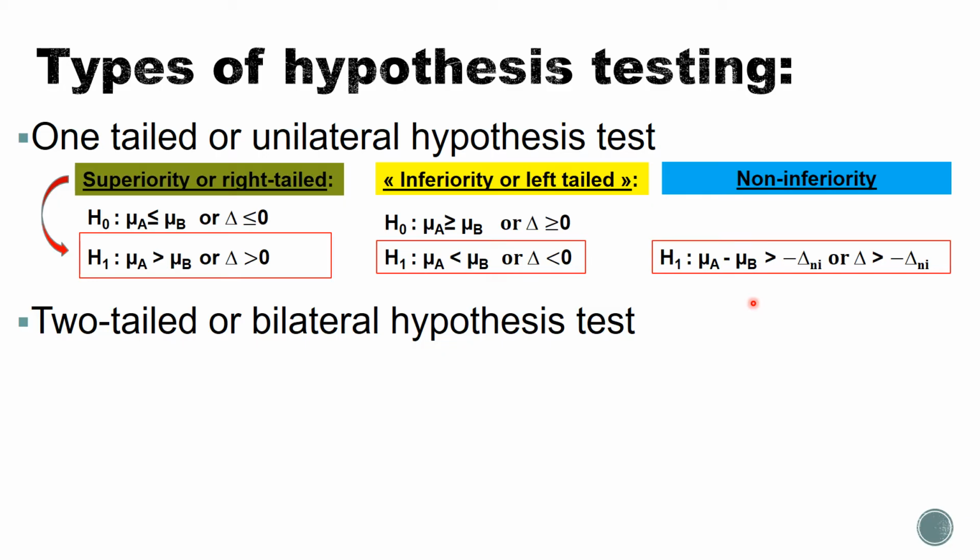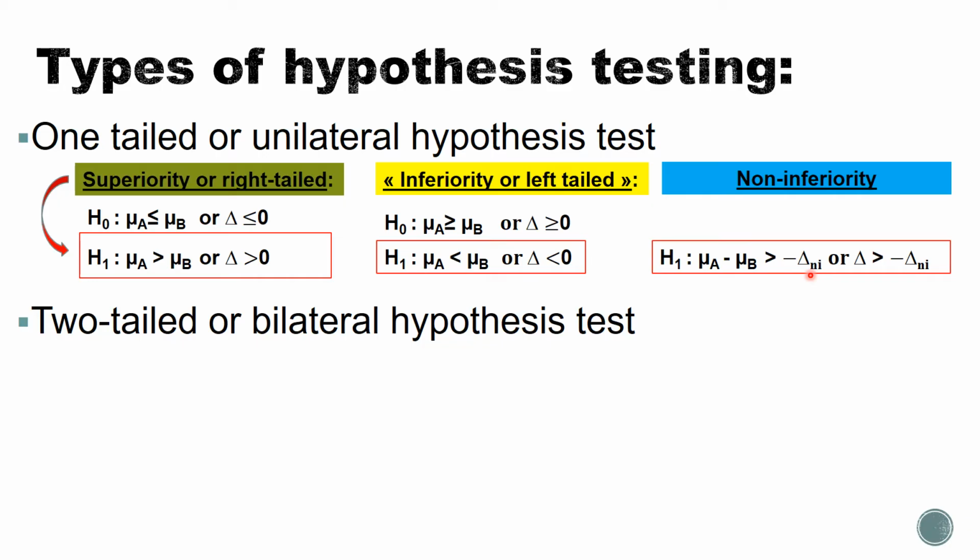Even though treatment A is less than treatment B, the difference between treatment A and B should be greater than a particular margin, minus the non-inferiority margin.